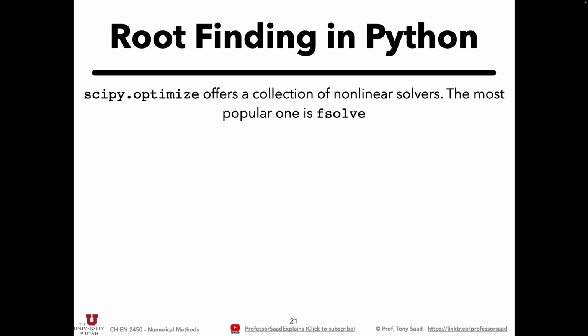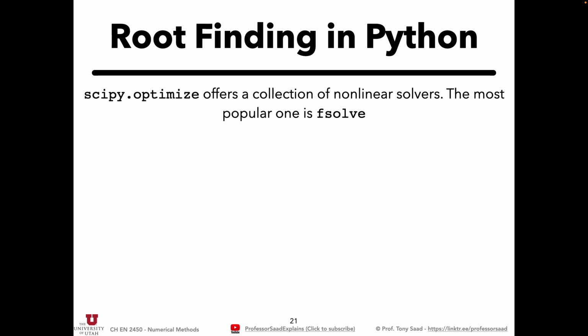SciPy has a bunch of sub-modules. One of them is optimize. Okay? We'll try to understand why they call it optimize, why nonlinear solvers are in the optimize sub-module. But know for a fact that scipy.optimize offers many nonlinear solvers. The most versatile, most robust of all of those, and the one that will cover 99% of your problems in your career, is called fsolve.